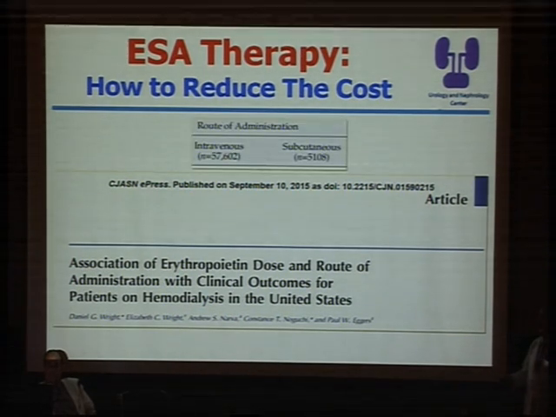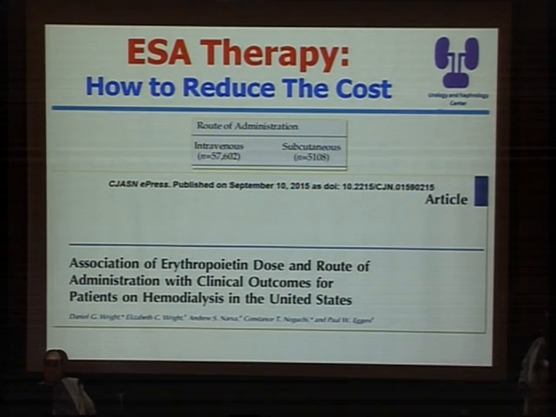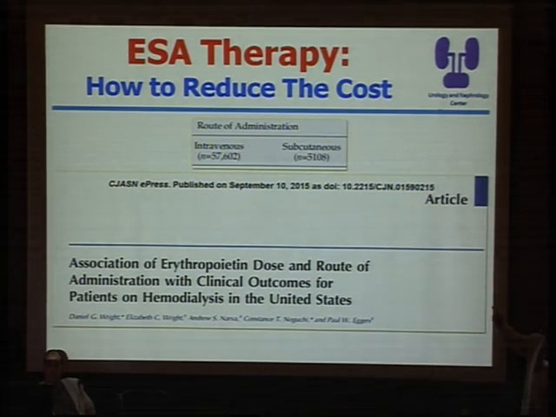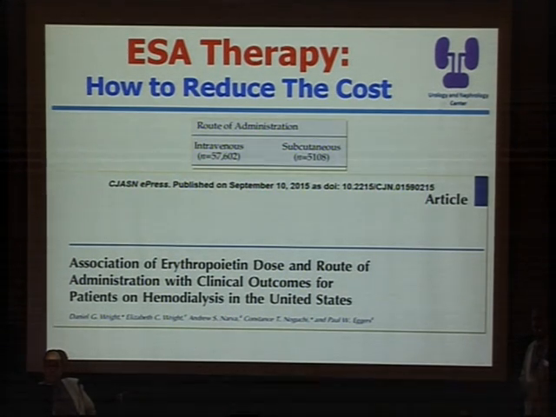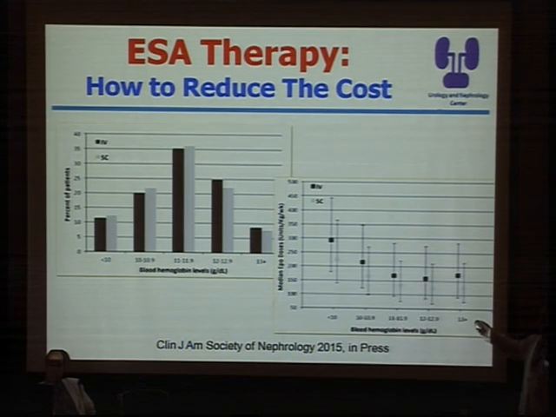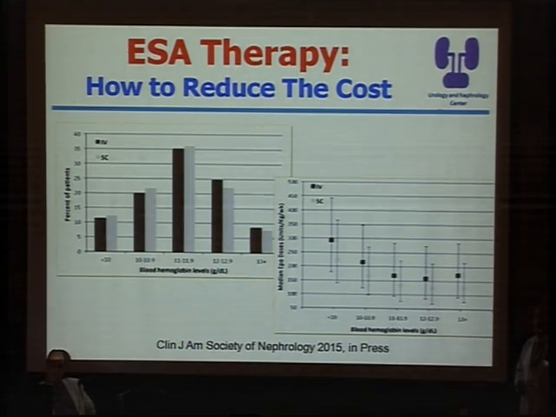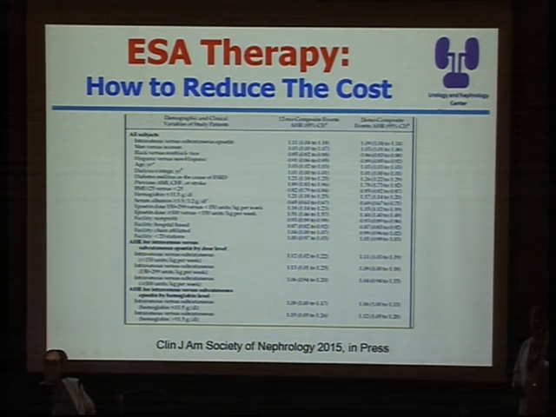This one of the studies included 62,000 patients in the United States. The use of the subcutaneous route reduces the dose by 25% to 30%, and at the same time there is no added side effect.